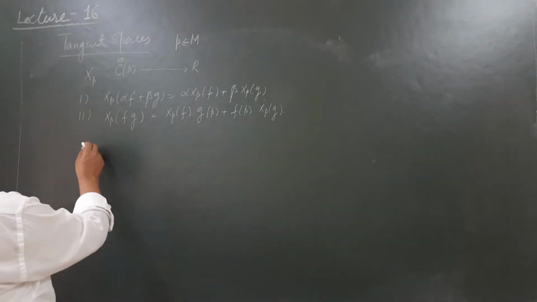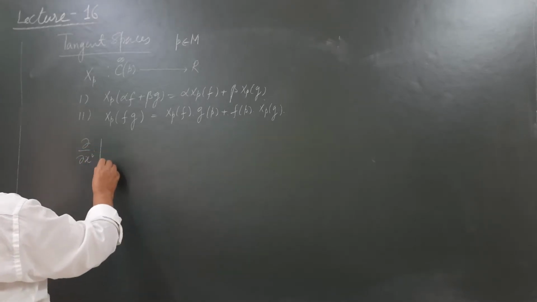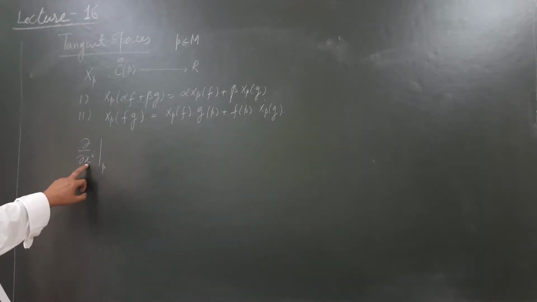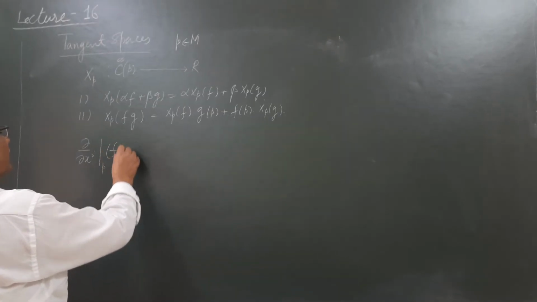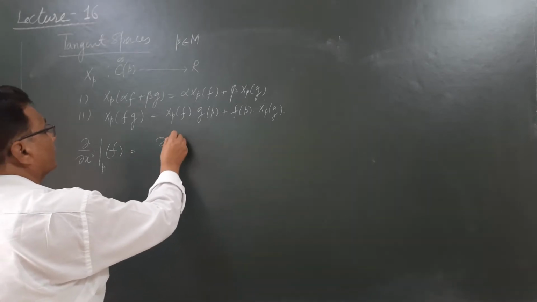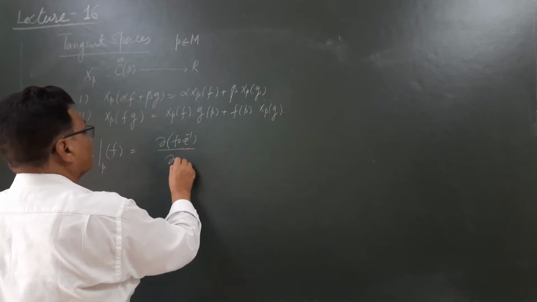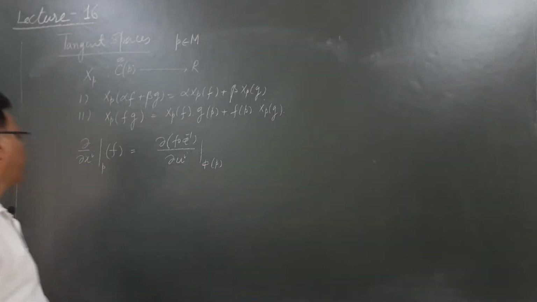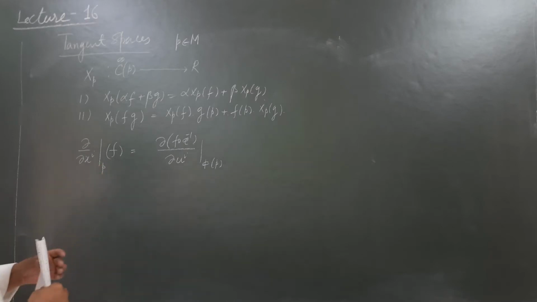Among the examples, we discussed these two examples. The object del upon del xi we defined. If xi are the local coordinates around the point P, then del upon del xi at P was defined by this law: it operates on functions and gives you del of f composed with phi inverse with respect to ui, evaluated at phi(p).